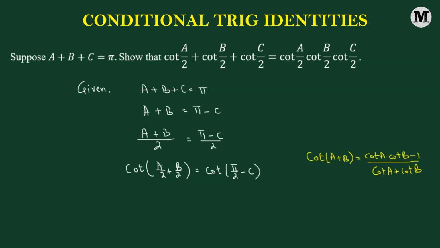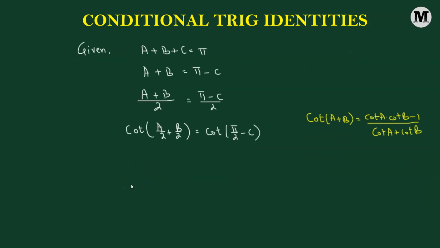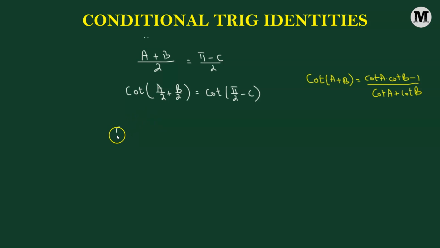Let's use this formula. In the numerator, we get cotangent of a over 2 multiplied by cotangent of b over 2 minus 1, whole divided by cotangent of a over 2 added to cotangent of b over 2.